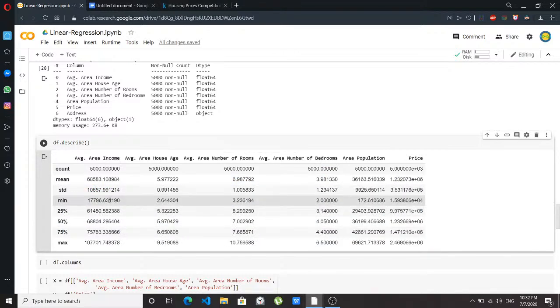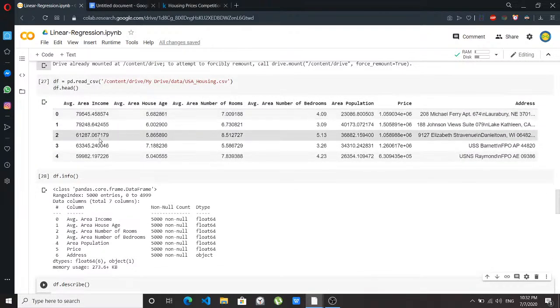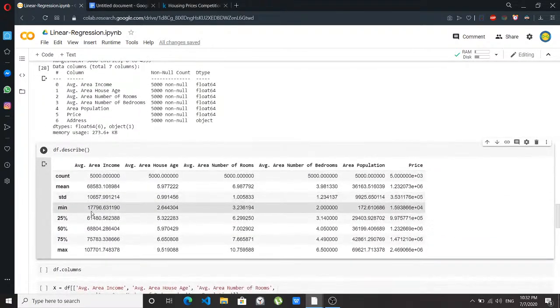Later, the minimum value in the column of average area income is 17,796. What is the minimum age of the house? That is 2.6, that is 2 years and 6 months around. Minimum number of rooms 3.2, minimum bedrooms 2, and the minimum area population.